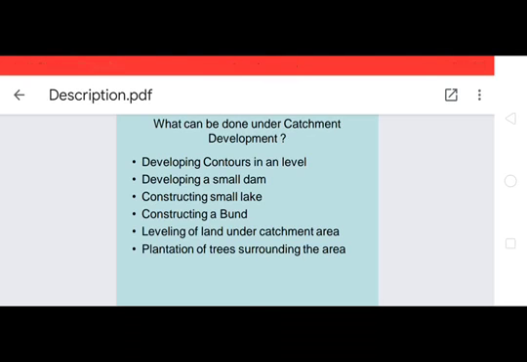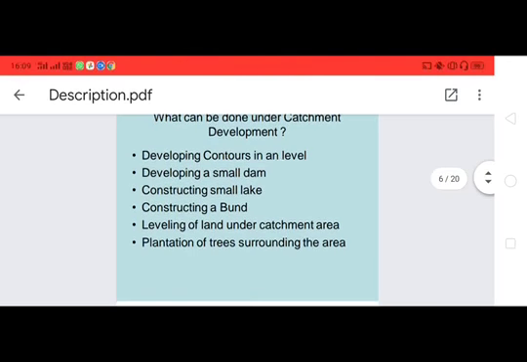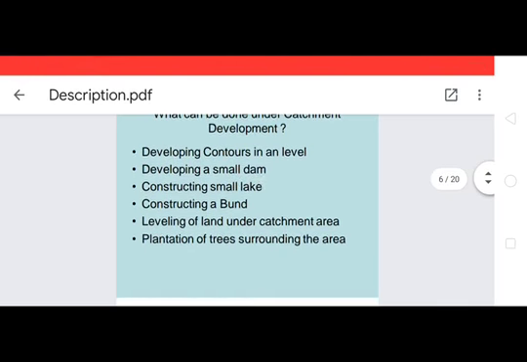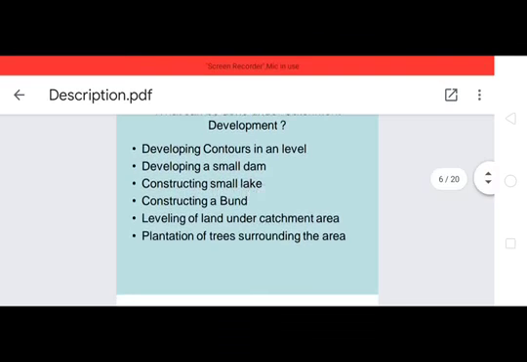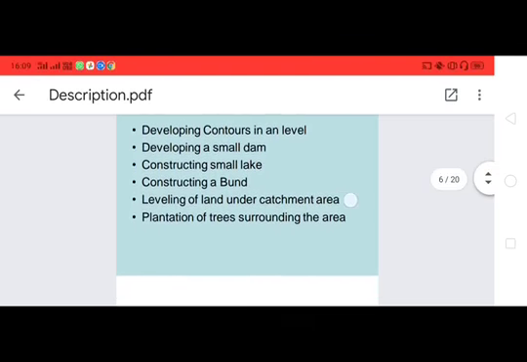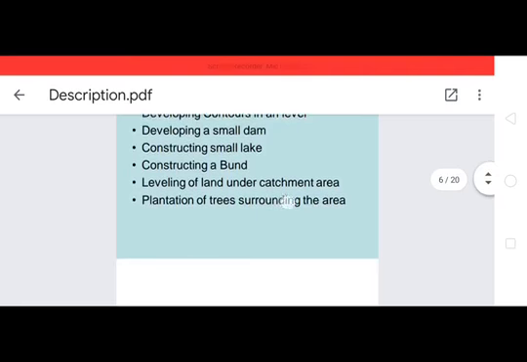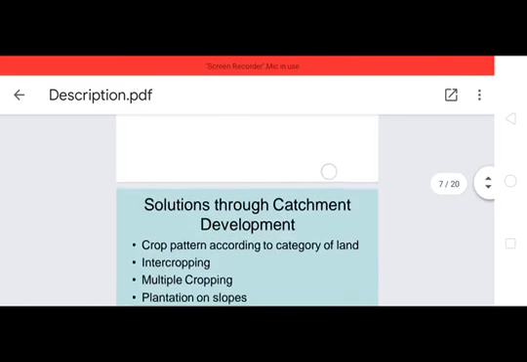So let's get to the point. What can be done under catchment development? Developing contours on a level, developing a small dam, constructing a small lake, constructing a bund, leveling land under the catchment area, and plantation of trees surrounding the area.